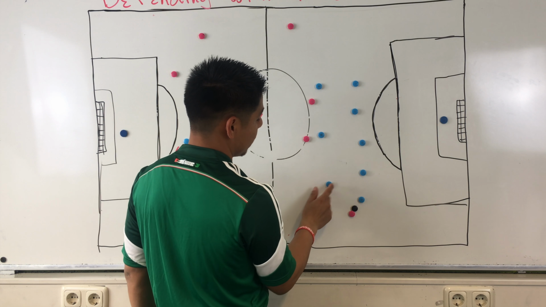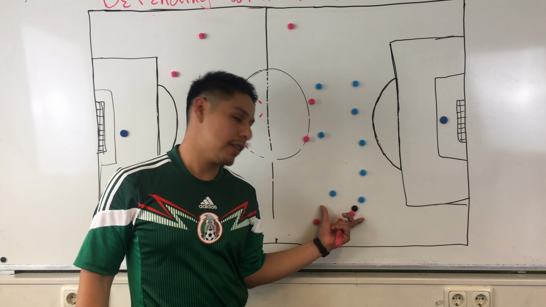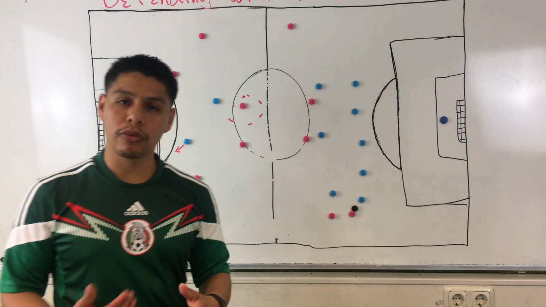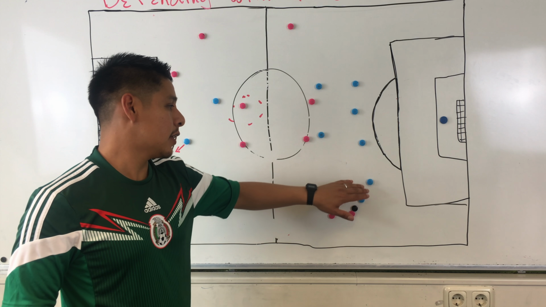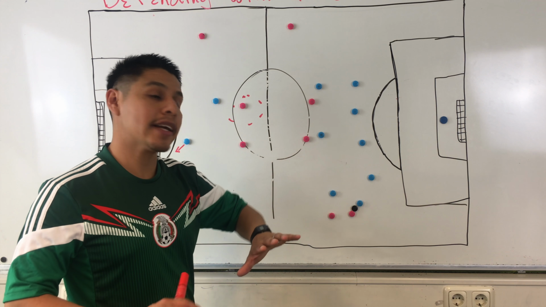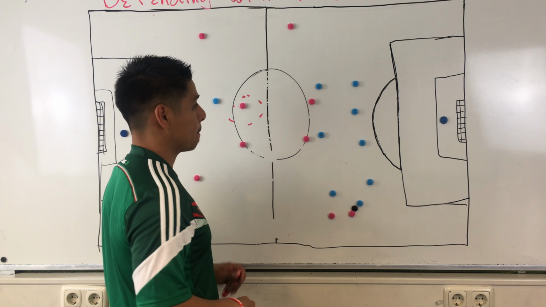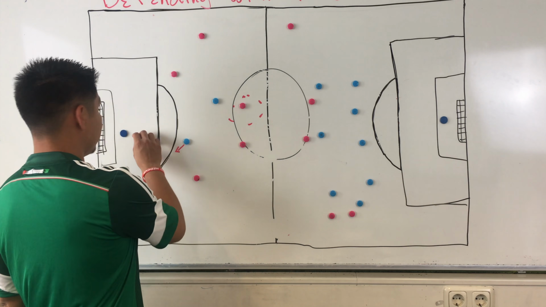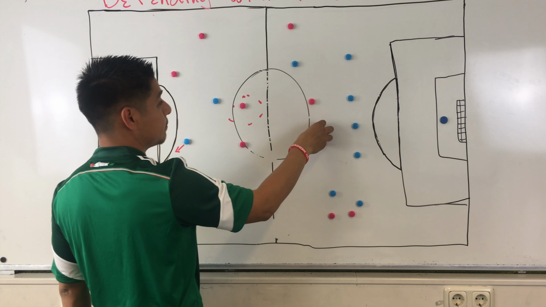So this player would have to run a lot to try to get that numerical advantage there, or at least the even numbered situation. Okay, so both of those are okay for us, because we should have enough time or buy enough time for one of the center backs to come and help as well. Okay, so that is a little bit of what we want to do with this 3-5-2 defending.